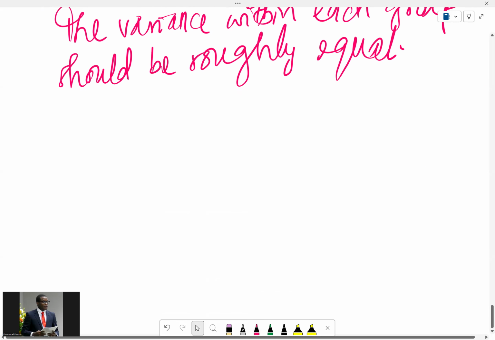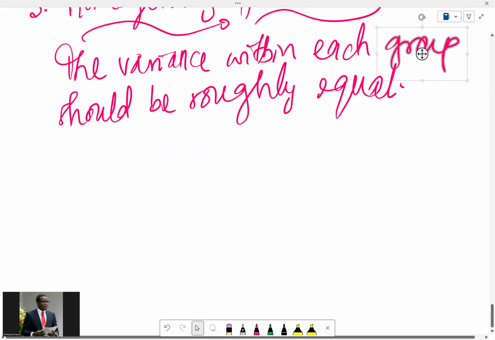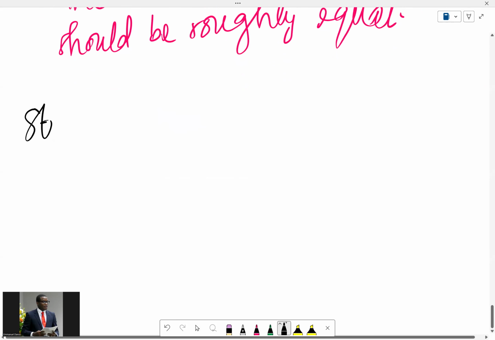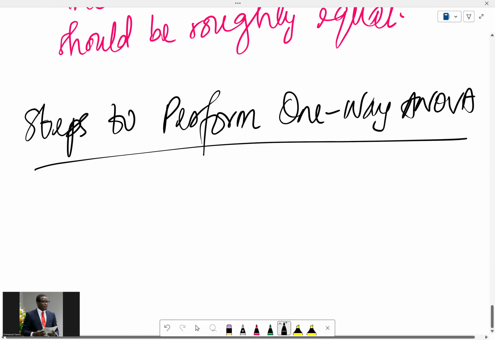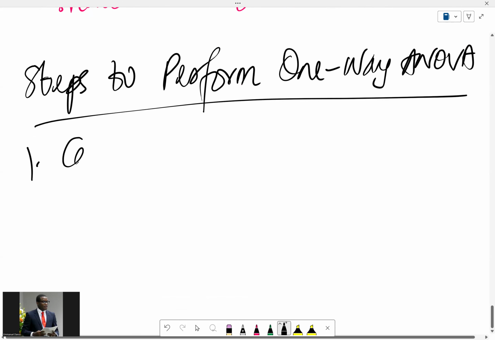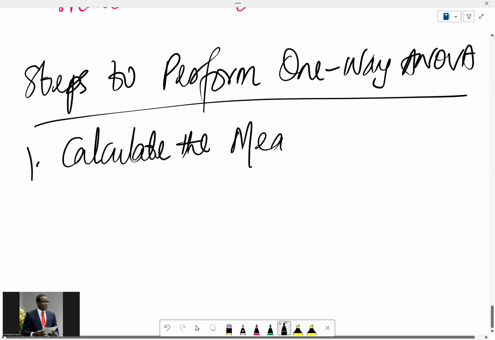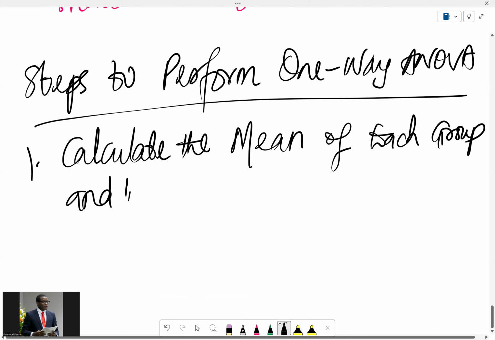Now let's talk about the steps. What are the steps needed to perform one-way ANOVA? The first thing is to calculate the mean of each group and the overall mean.